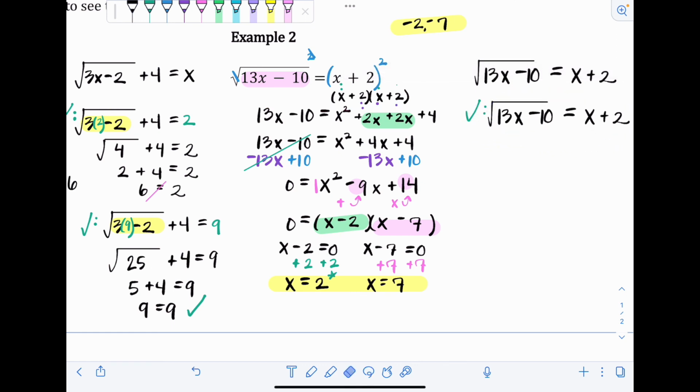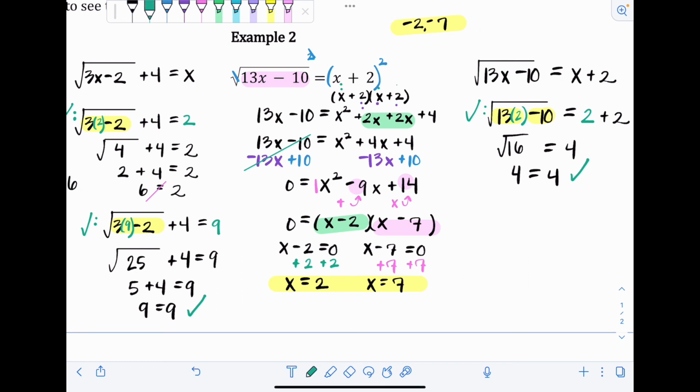So I'll take out my x's and put 2's there, since we're checking x equals 2. And then if I simplify inside the radical, 13 times 2 is 26, and then minus 10 would be 16. And then that is equal to 2 plus 2, so that's 4. The square root of 16 is 4, so we end up with 4 equals 4. So that check worked. So definitely x equals 2 is good.